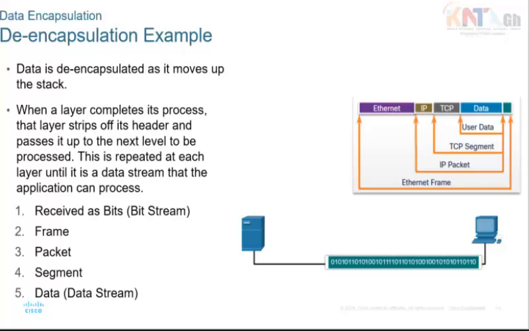And then you put source and destination information on that envelope. Now, the envelope goes to the post office and the post office sends the letter to the receiver. When it is presented to the receiver, the receiver will tear up the envelope and remove the letter. And that is an example of de-encapsulation.